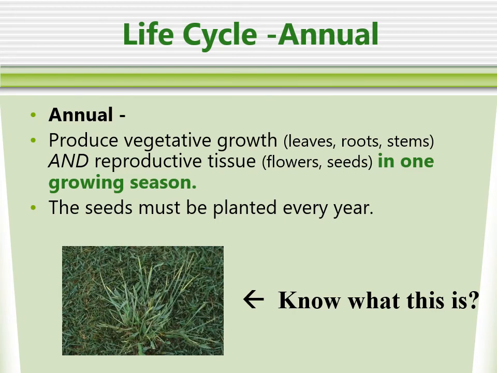Does anyone know what this picture is showing? So this is a picture of someone's lawn, and there's obviously normal grass growing around it, normal being whatever grass you seem to like in your subdivision. And then there's this grass coming out of it. Anyone know? Crabgrass. Crabgrass is an annual.